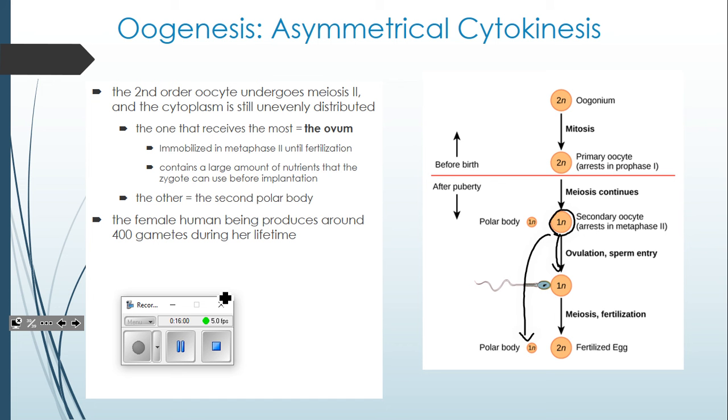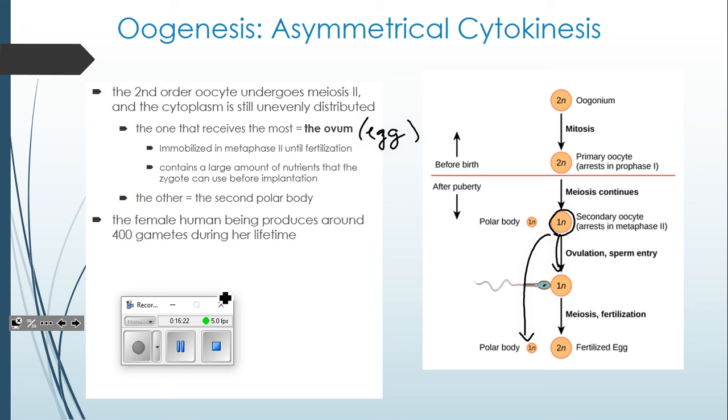The one that receives the most is going to be the ovum, which is the fancy word for egg. Ovum is a word like spermatogonium, where if I want to say there's more than one of them, I could say ova, that would be the plural. Ovum is singular, and you can call it an egg if you want to.